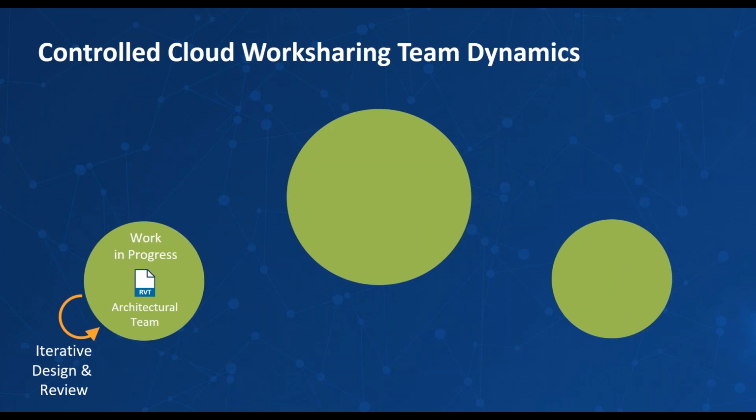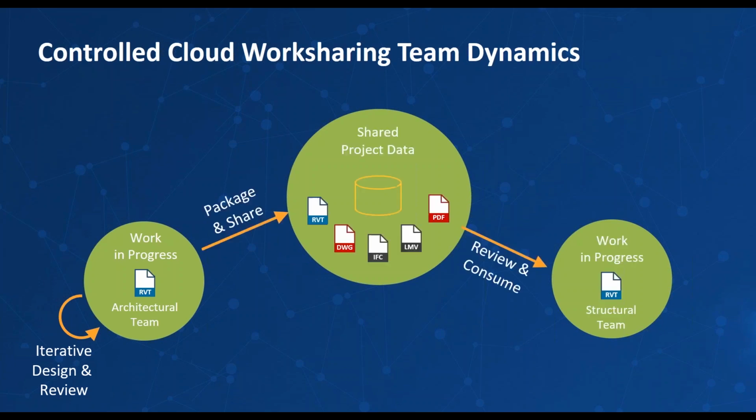But once they get to the point where I need to share my work with the rest of the teams, they'll create a package. And that package will include views, other models, different content that they want to send to the other teams. Those other teams will then review that package, because their team doesn't automatically get it.